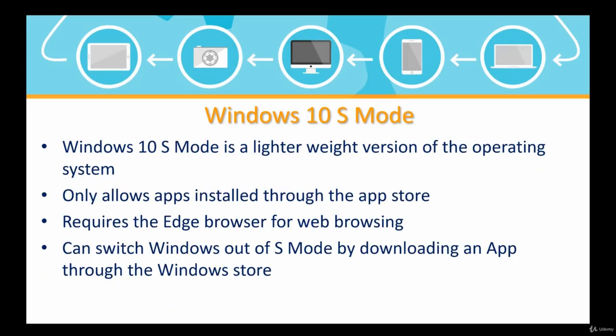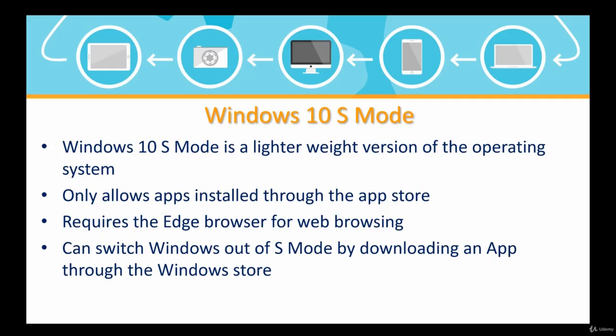Now lastly, we have what is called Windows 10 S Mode. S Mode was released to be a more secure version of Windows 10. It's actually a lighter weight version of Windows 10 because it's very restrictive. The S Mode is a Windows 10 mode that only allows apps that are installed through the App Store. So it's kind of like your smartphone, right?